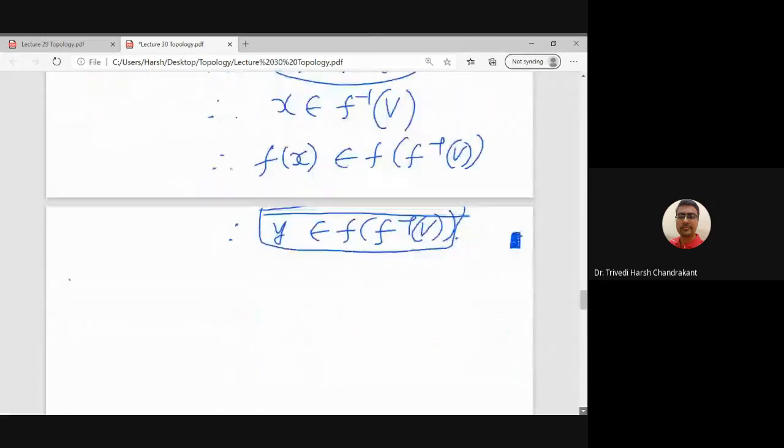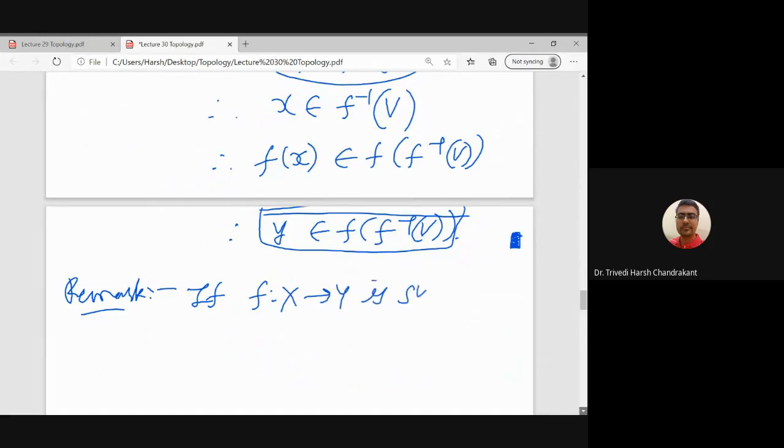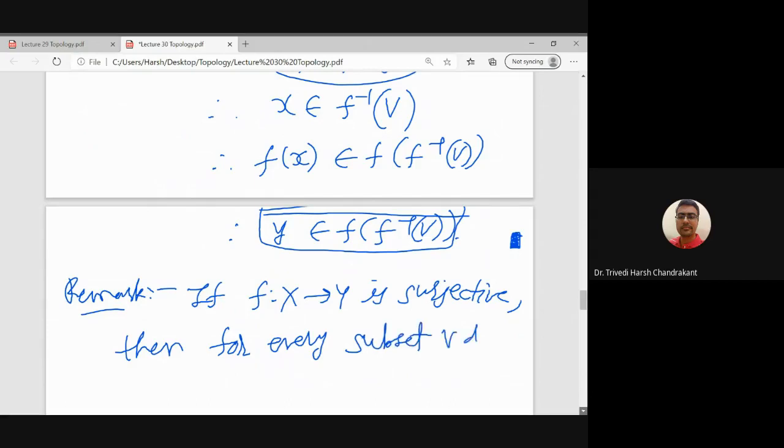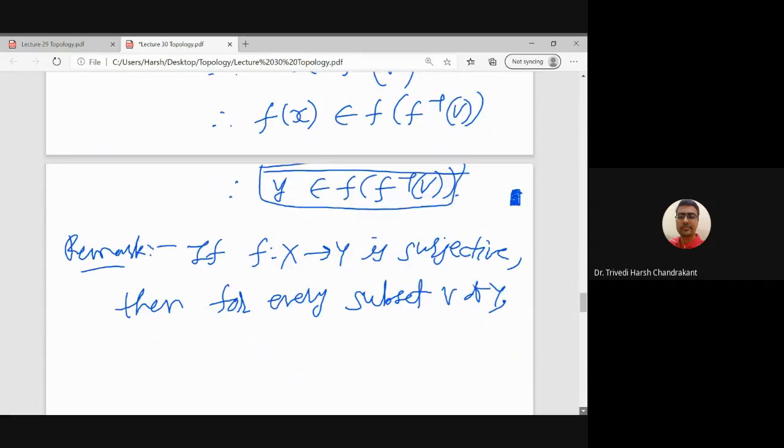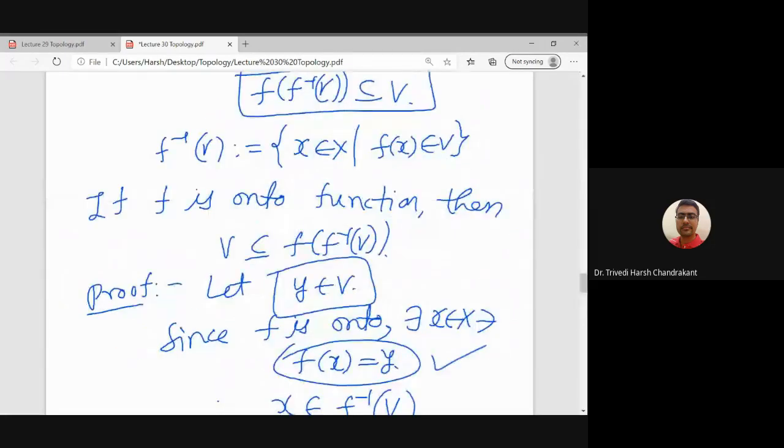So finally what we proved is, if f from X to Y is surjective, then for every subset V of Y, these two sets are the same. f of f inverse V is exactly V. So this is true whenever f is onto, and this is not true whenever f is not onto, because we will not get this if the function is not onto.